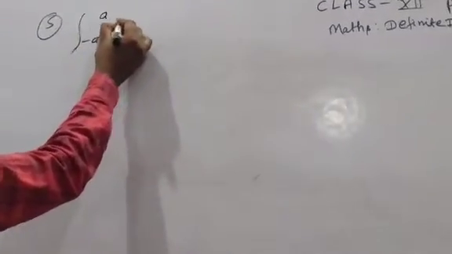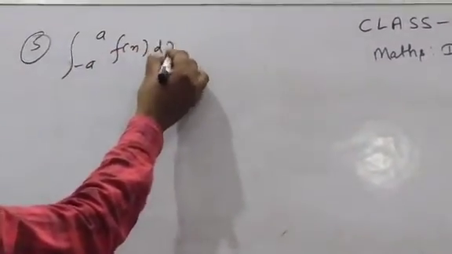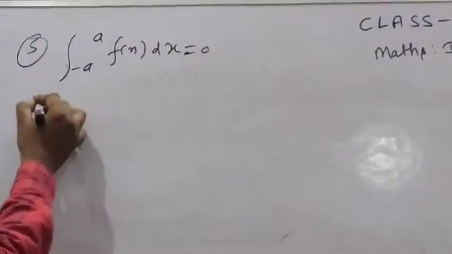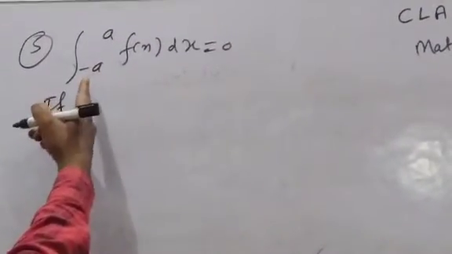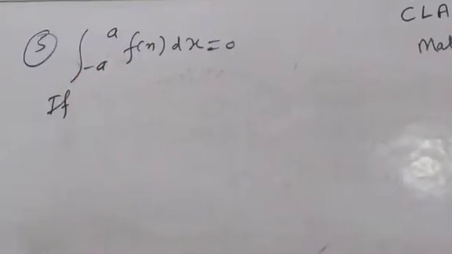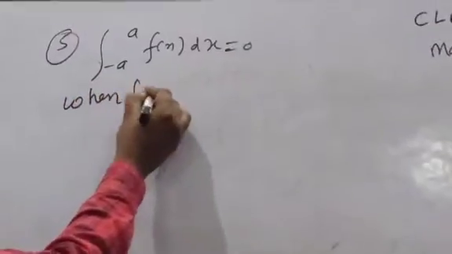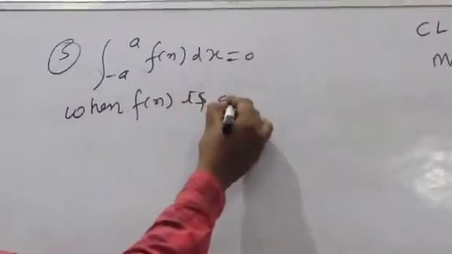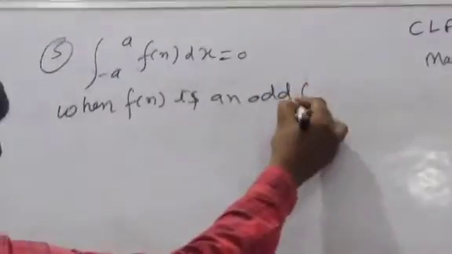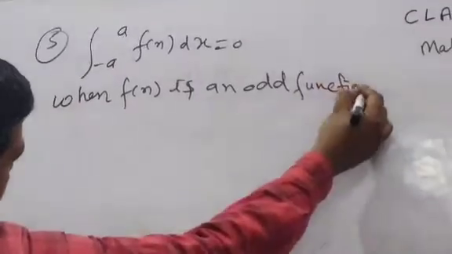Integral minus a to a of f(x) dx is equal to 0 if f(x) is an odd function. Clear?